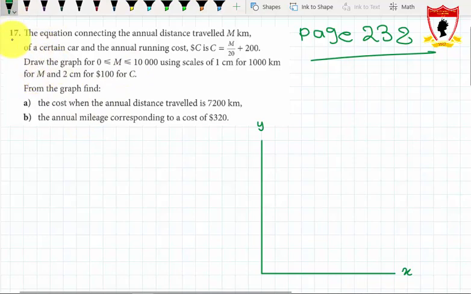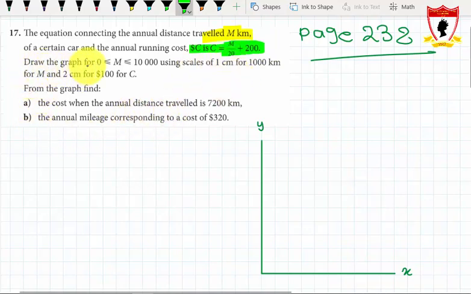The equation connecting the annual distance traveled m kilometers of a certain car and the annual running cost c is equal to m over 20 plus 200.